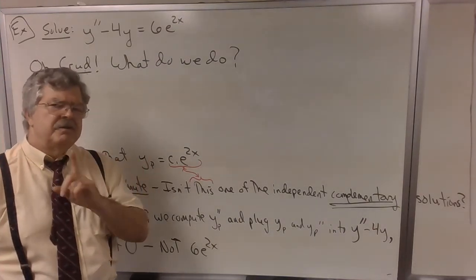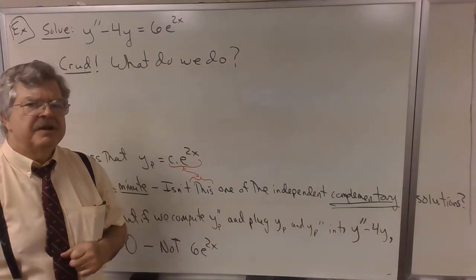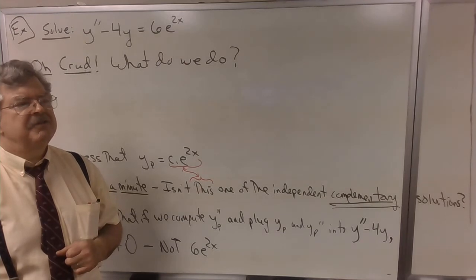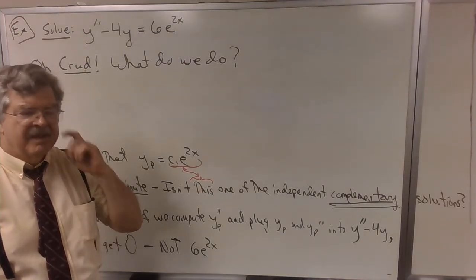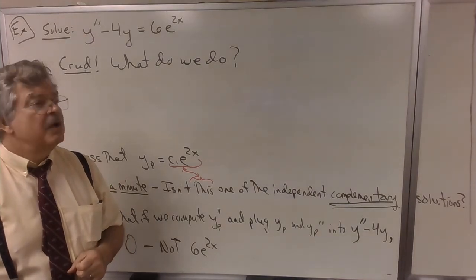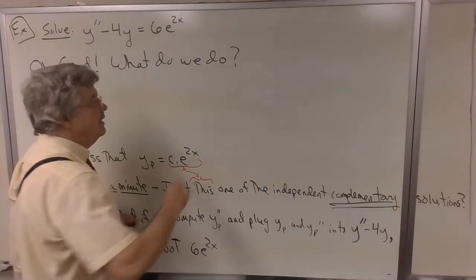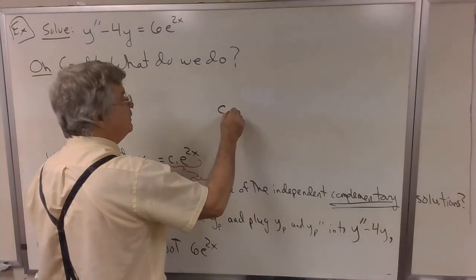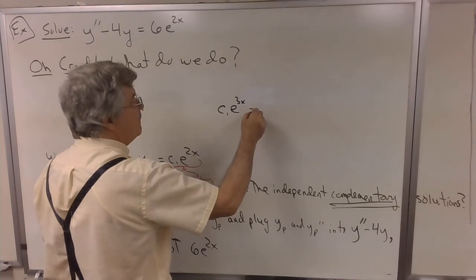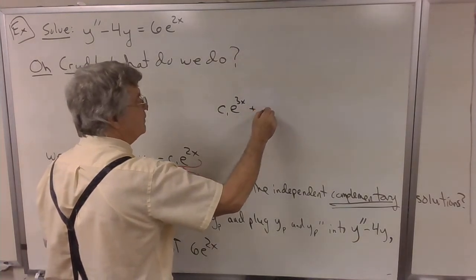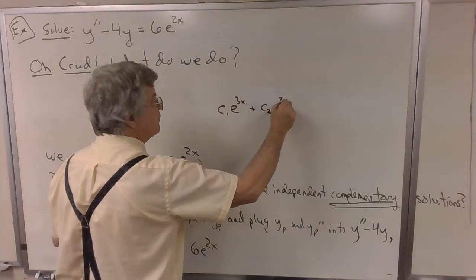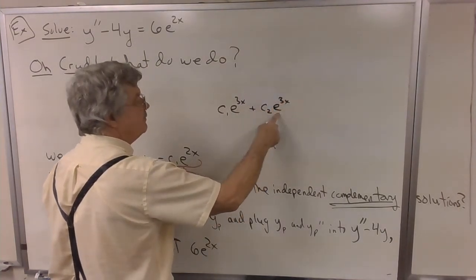Remember what we did when we had a double root in the complementary equation? Let's say that m equal 3 was a double root. Well, our first independent solution would have been c1 e to the 3x. But then our second solution can't be c2 e to the 3x, because these are really the same solution.